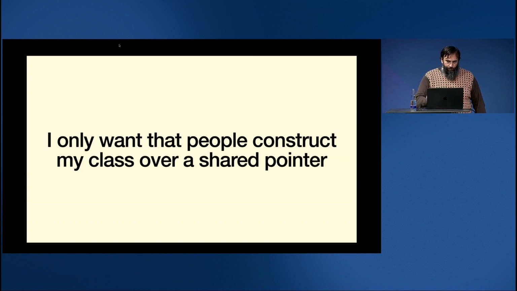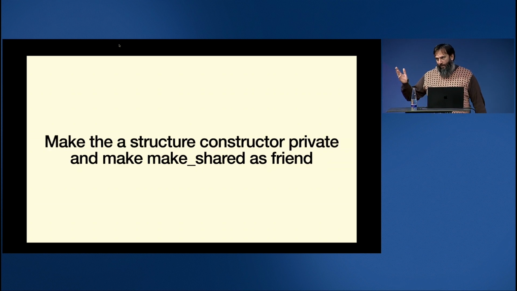So, let's go further. I want to have an object which I allow only to be constructed as a shared pointer. I don't want people to be able to construct my object any other way. How do I make it? Everybody should know. I create a constructor, make it private, and I am making the make shared a friend.